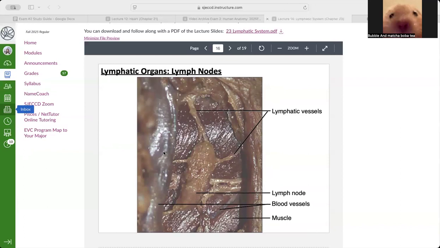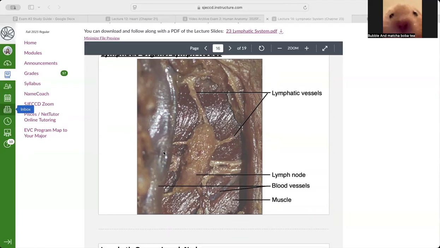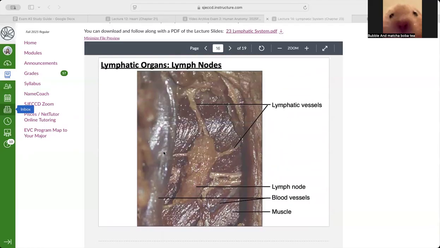And lymph nodes, they are bringing lymph over to it. There are blood vessels that bring blood to the lymph nodes. Let me show you. The area of indentation in the side of the lymph node is called the hilum. The hilum is where the artery and vein come into the lymph node.